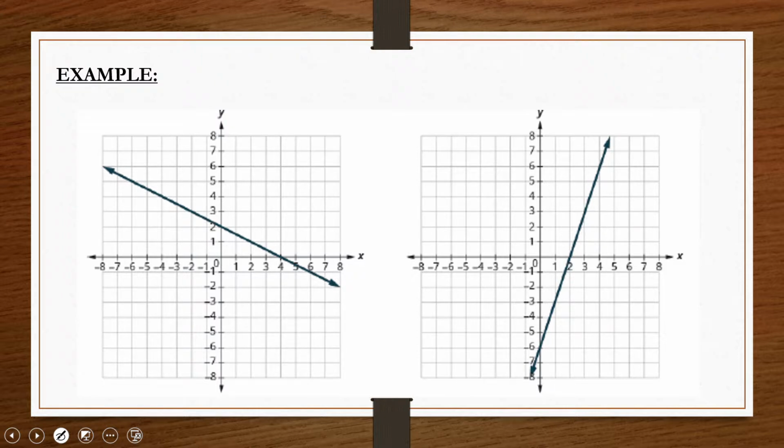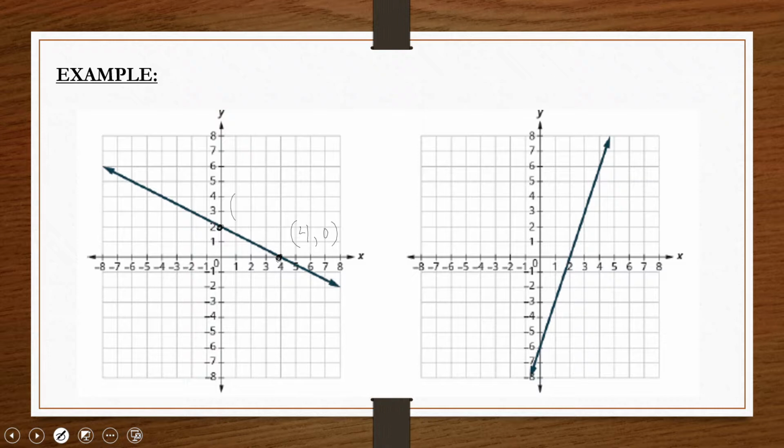So visually speaking, I should be able to point out, as in these 2 cases, what the x and y components of the intercepts are. For instance, in my first graphic over here, I would say that my 2 intercepts are nice and visible here and here. The components for each, the x-intercept here would be at (4, 0).